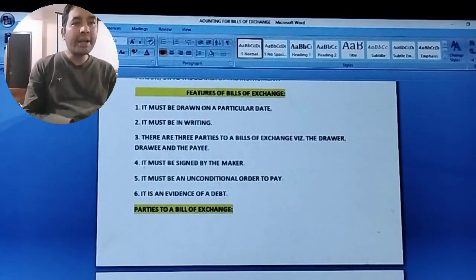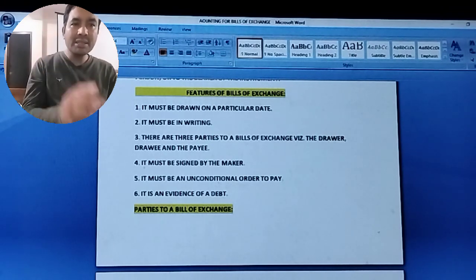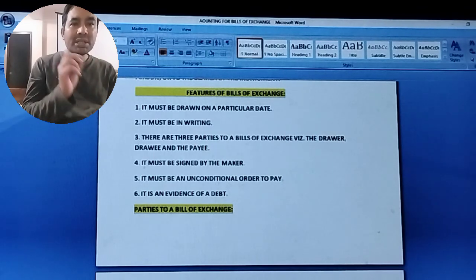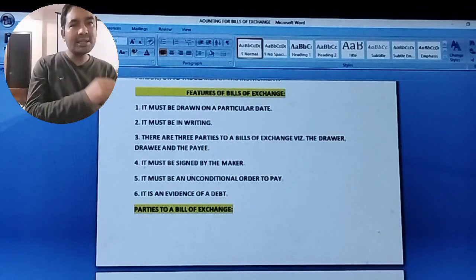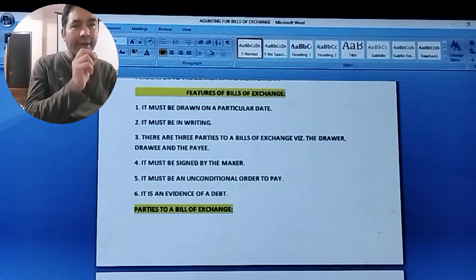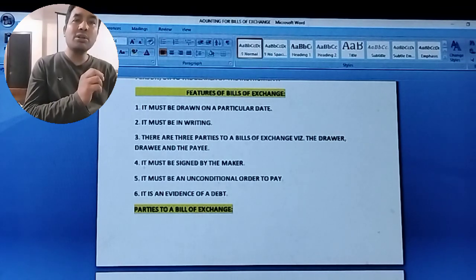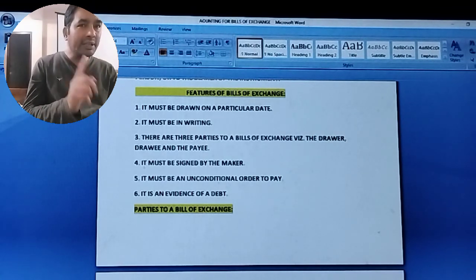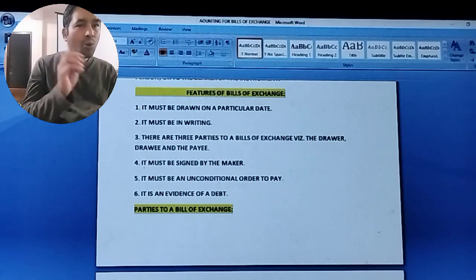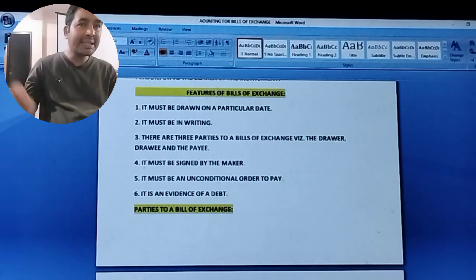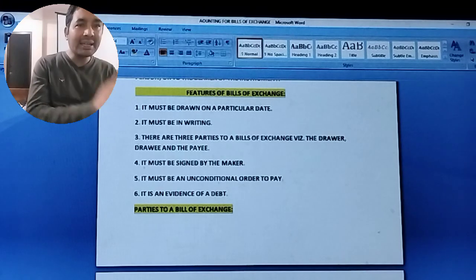So it must be in writing, it must be drawn on a particular date. It consists of three parties: drawer, drawee, and the payee. It must be signed by the maker. That is, in order to make the bill of exchange valid, it must be signed by the drawer. It must be an unconditional order to pay. That is, a drawee cannot impose any conditions while accepting the bill. He must accept the bill without imposing any conditions.